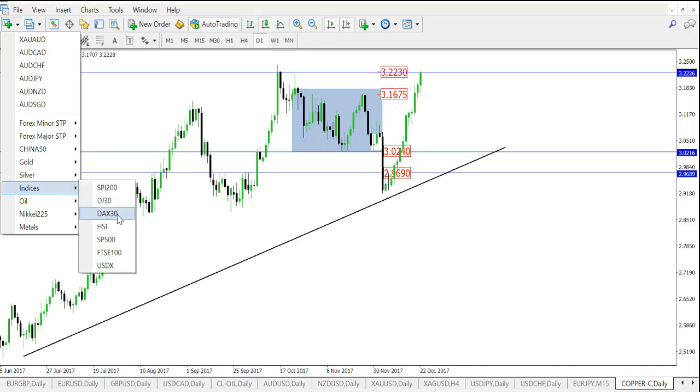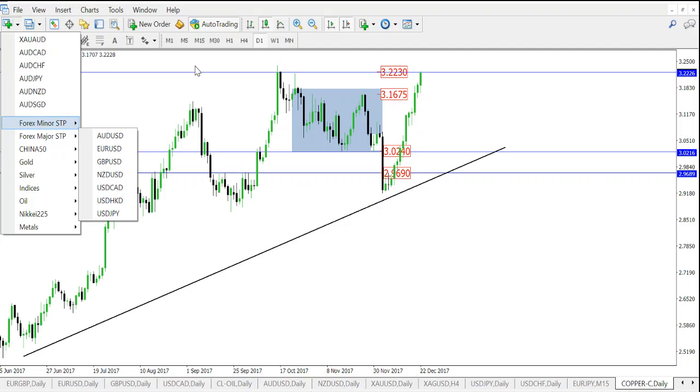Some offer the Dow Jones and the Hang Seng and the S&P 500s, which is one of the pairs that we trade as well. Some offer oil and different Japanese and Asian markets, copper and palladium and everything else in between. So you just have to go through your broker and determine which ones you like, which ones you want to trade.